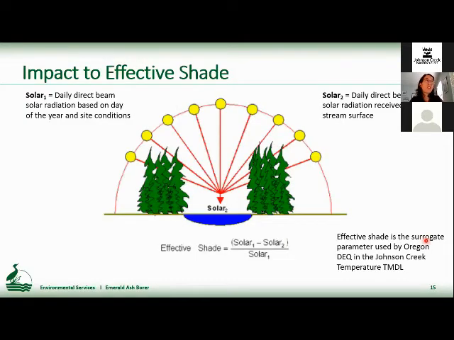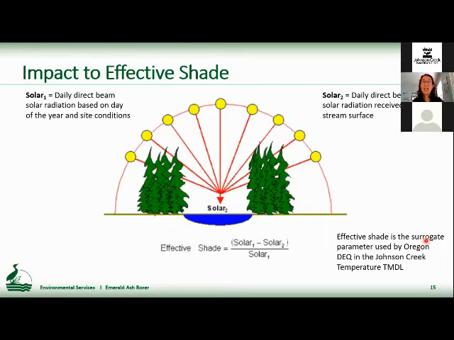So then the next question, when we have a sense of how much Oregon ash is present within the watershed, is what that impact might be to the stream itself in terms of water quality, specifically thinking about shade and temperature. We looked at that using a model, the Heat Source model, and specifically the shade model used by Oregon DEQ to look at effective shade.